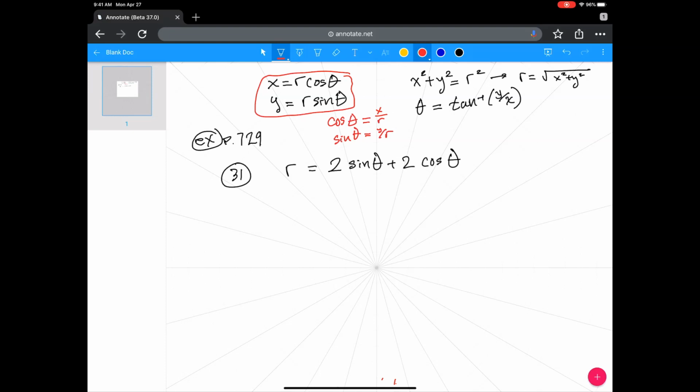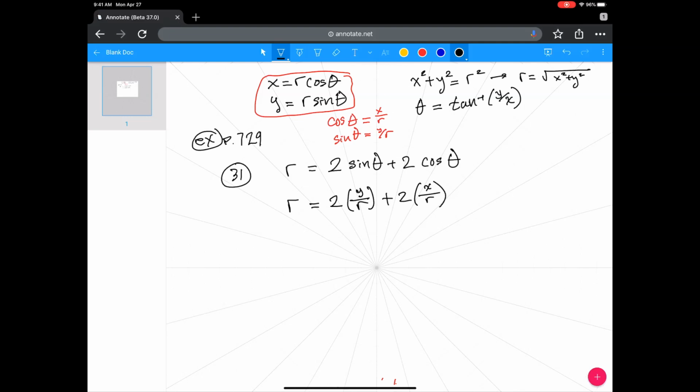If I make those substitutions into this equation, then I get r equals 2 times y over r, plus 2 times x over r.